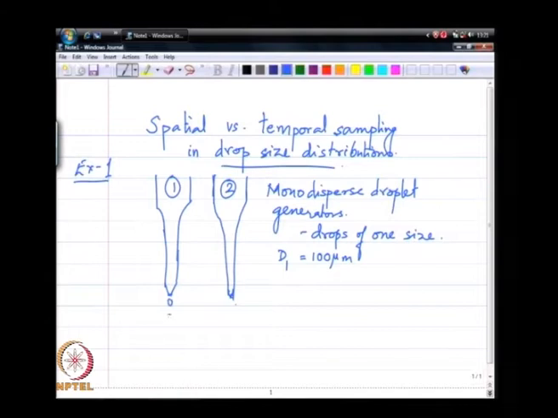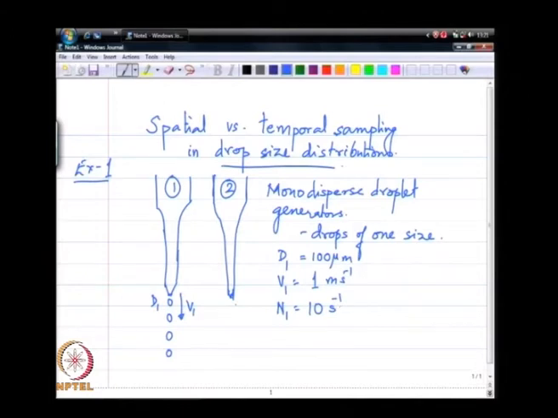So, essentially it is producing a stream of droplets that are all diameter d1, moving with some velocity v1, and we will give these some numbers, let us say 1 meter per second, and the number rate of production is, let us say, 10 per second.